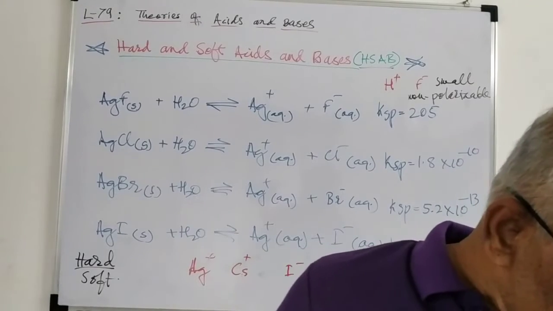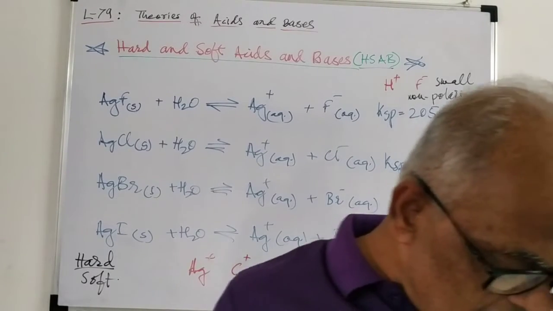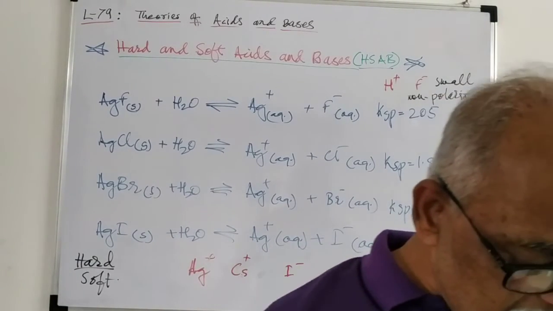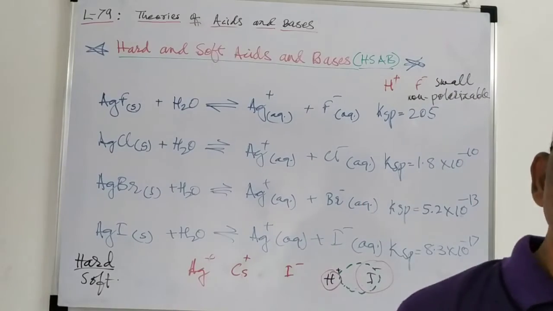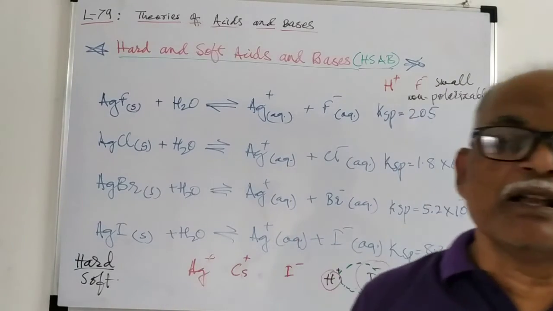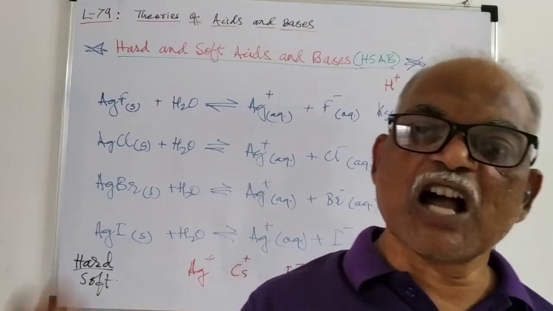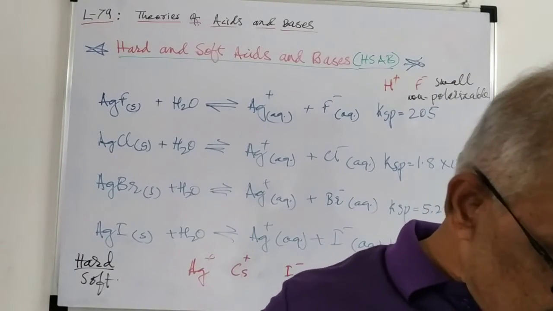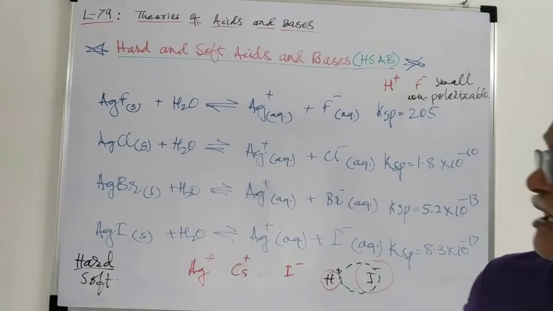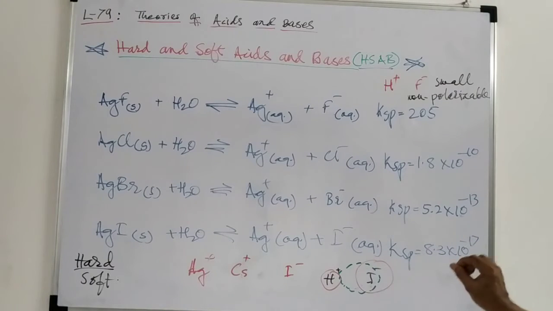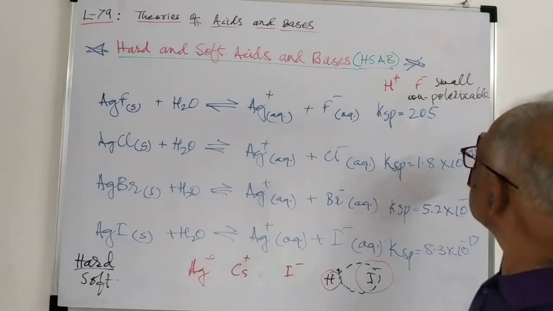So here we might have understood that the behavior of salts depends upon the size of the ions, the charge on the ions, as well as the characteristics, meaning properties, of the ions.